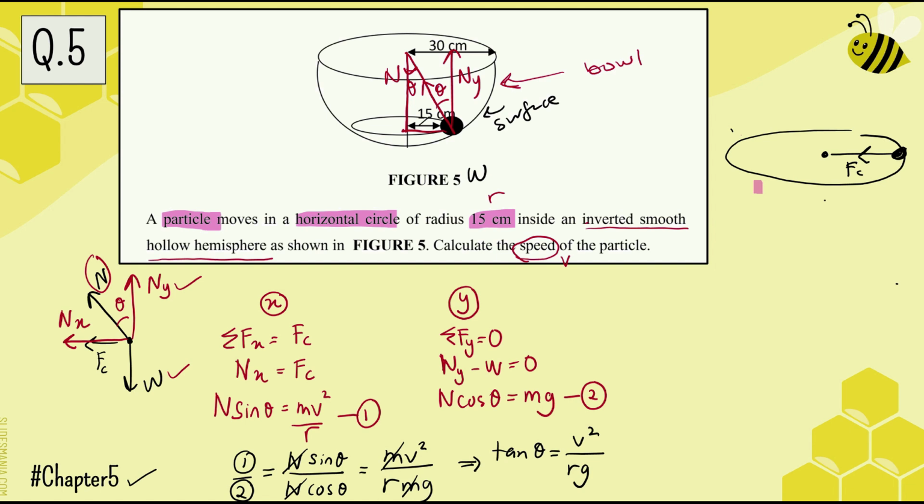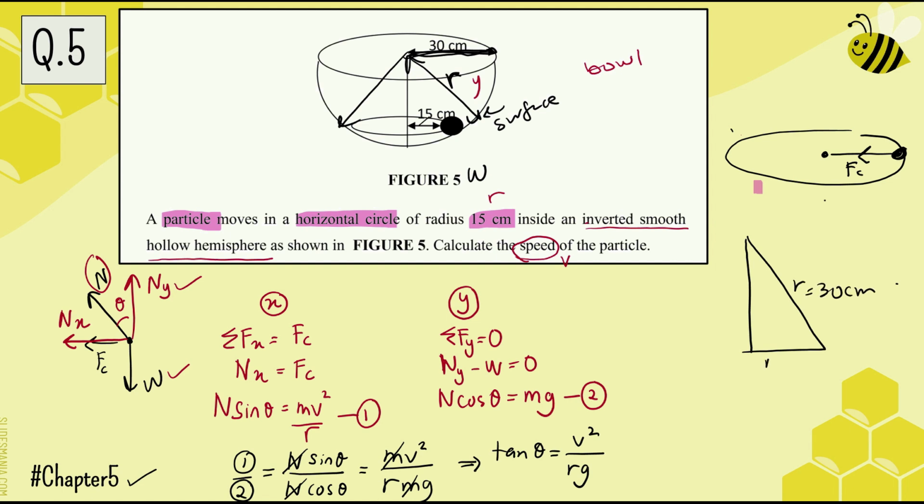You can actually find your theta earlier. It's 30 cm here. Okay, here is 30 cm, so this is basically the radius. 30 cm is also here, so this is basically the radius of this hemisphere. And this is the radius for the circular motion, 15 cm.